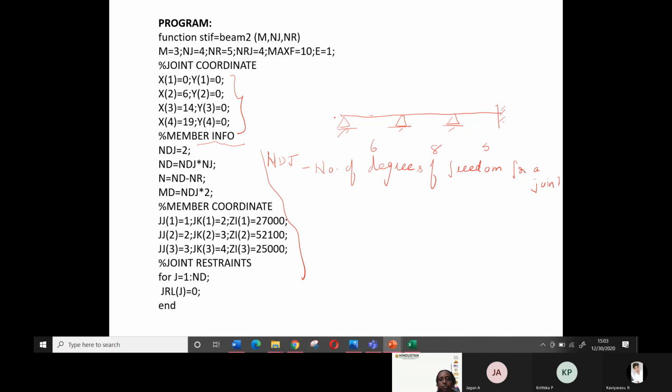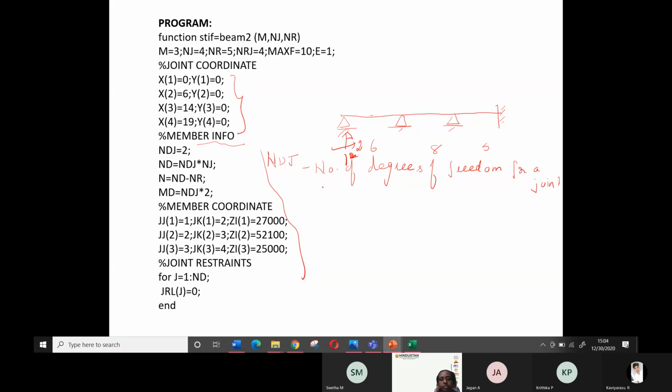In a joint, this is a beam element, so for a joint you have 2 degrees of freedom: one vertical, and the other is rotation. So the number of degrees of freedom for a joint is 2.